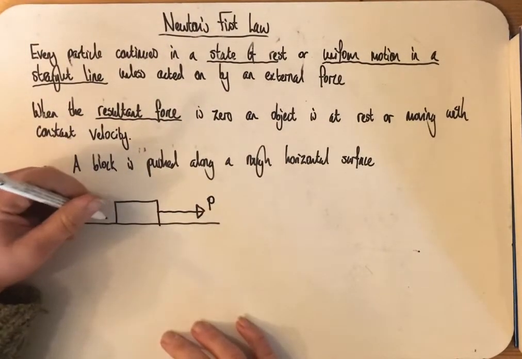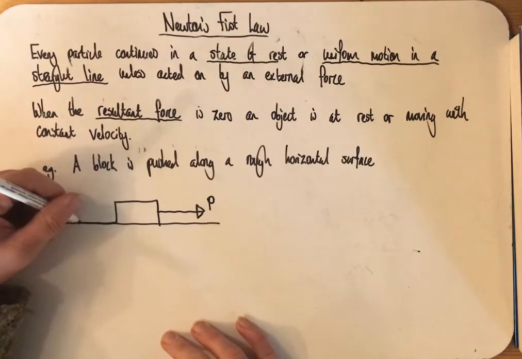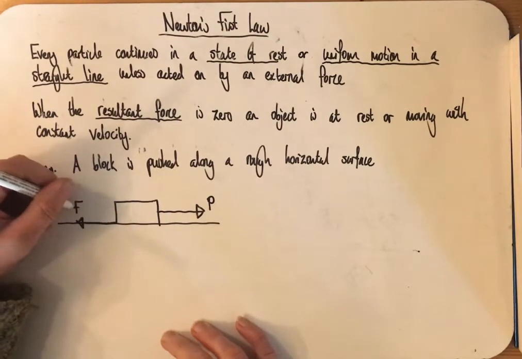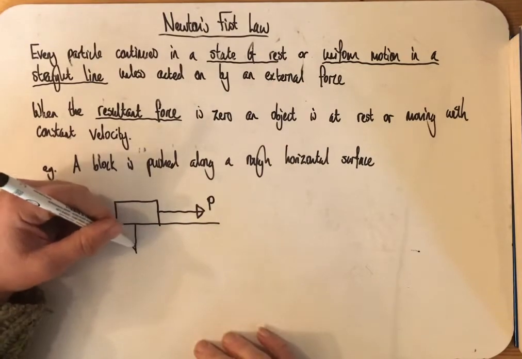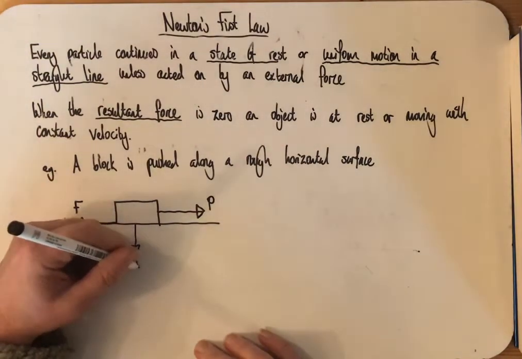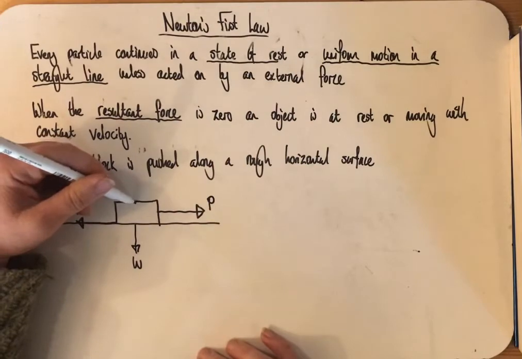It's a rough surface, so we've got some friction, opposing motion, and we've also got the weight of the box acting downwards and the reaction force.